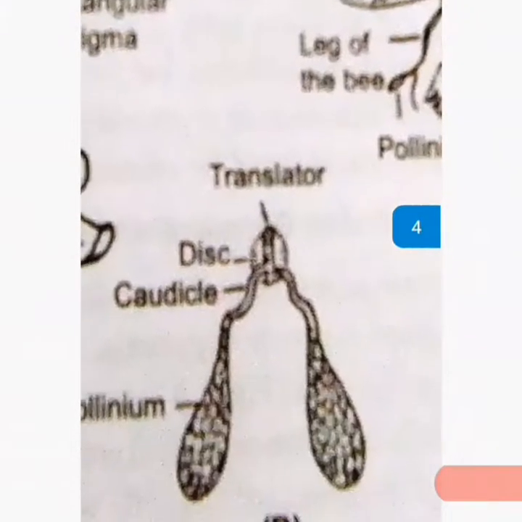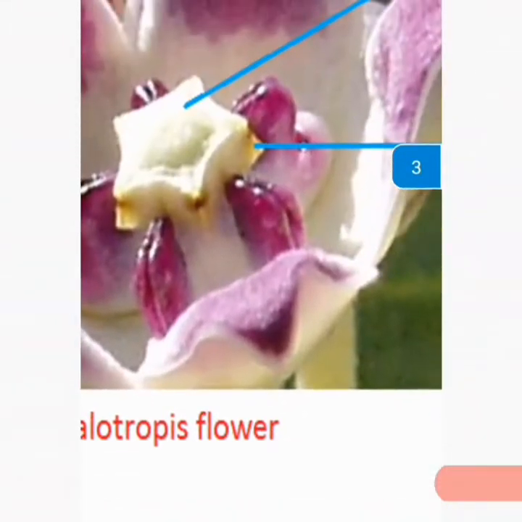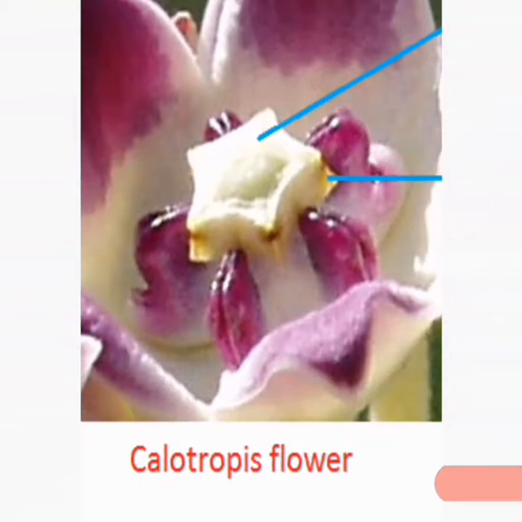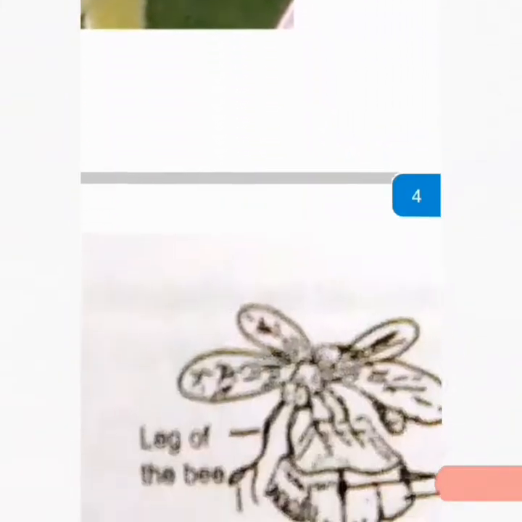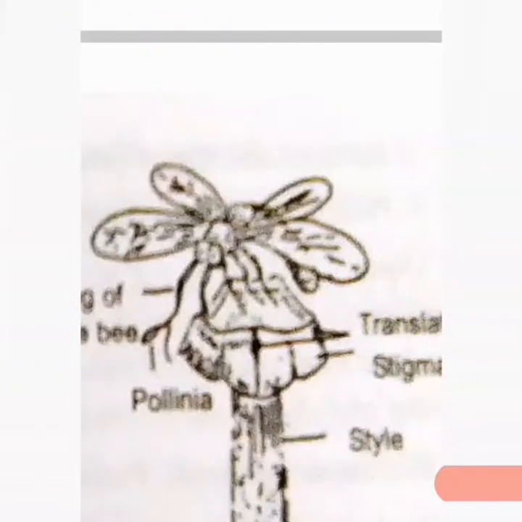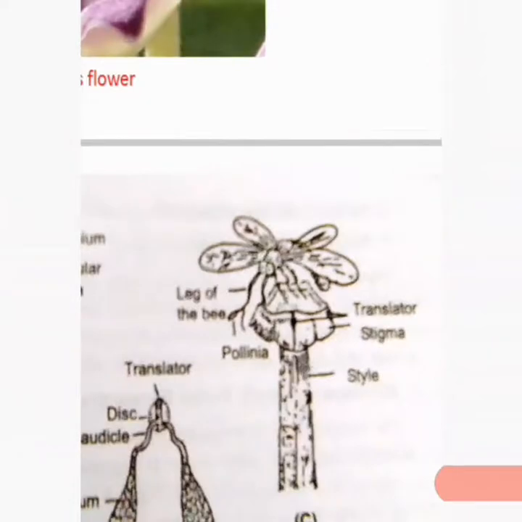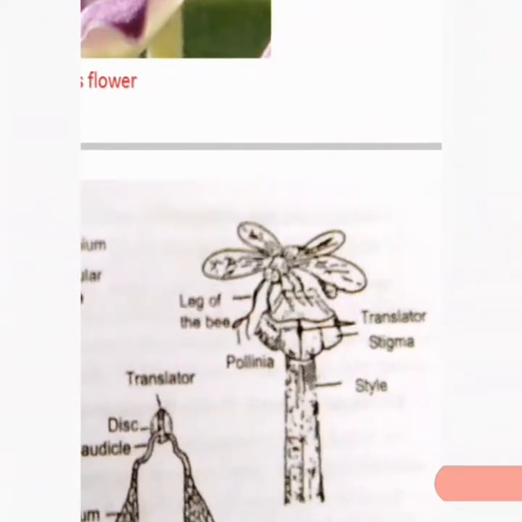And there is one disc, which is again a sticky disc. Now you observe this pentangular stigma, it is a landing platform for the insects. And on this landing platform, look here, one insect is sitting on this pentangular stigma, and either by their proboscis or by their legs, these sticky pollinia with the sticky disc get attached to the legs or the proboscis of the insects.